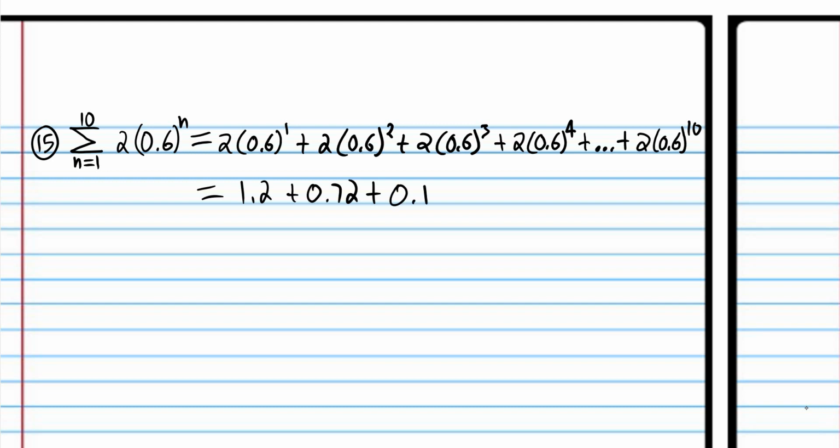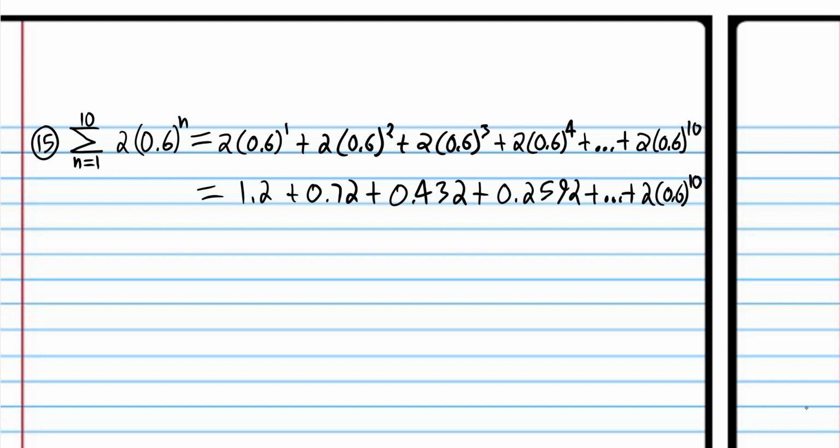But the next term is going to be 0.432, and the next term is going to be 0.2592, and then we don't really care what that value is, because that's going to be too hard to calculate, or too hard to write it down.